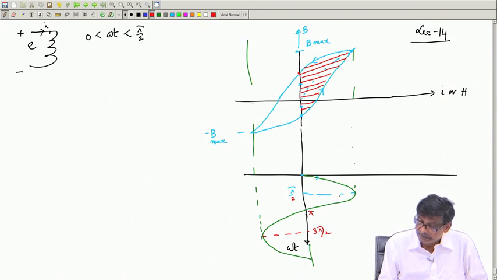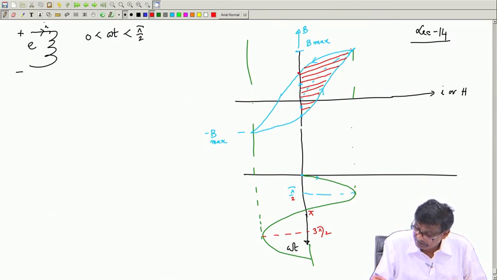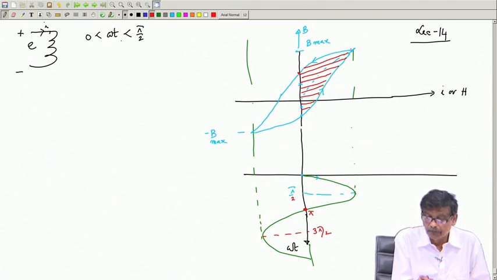So, between 0 to pi by 2 current was increasing, and then from pi by 2 this point will be reached, I have reached this point. So, 0 to pi by 2 it is like this.